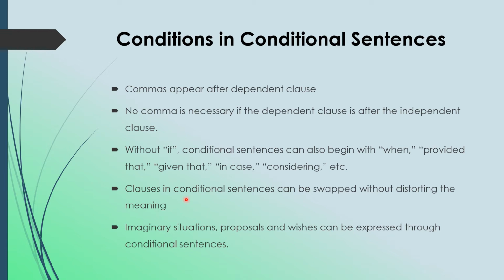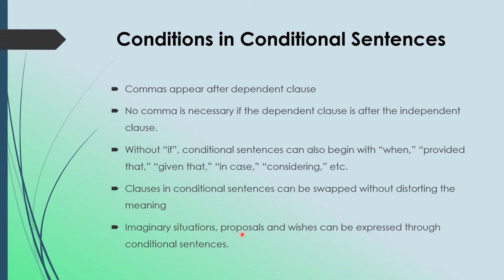Yes, you can swap it. Just put a comma in there, and that will give you the exact meaning. For example, no comma is necessary if the dependent clause is after the independent clause. So you can rephrase it, restructure it like, if the dependent clause is after the independent clause, comma, no comma is necessary. Okay, so that's how you can swap.